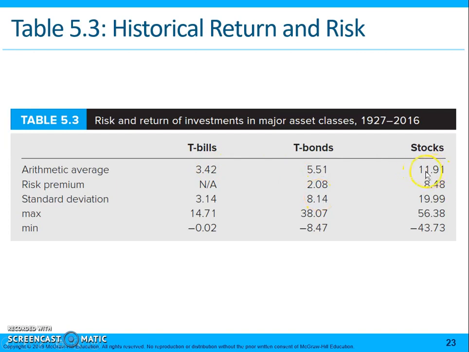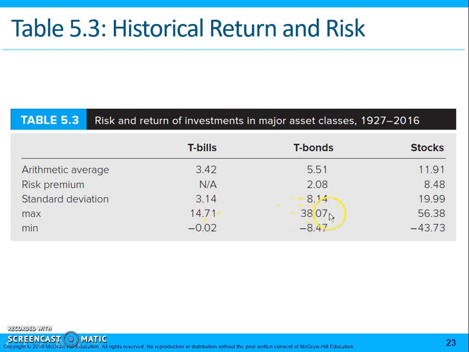We go over to the stocks. The average 11.91%. The risk premium 8.48. You can see the standard deviation goes up considerably as we go from T-bills to Treasury bonds to stocks. We have a max on T-bills of 14.71, and a minimum; these are returns.